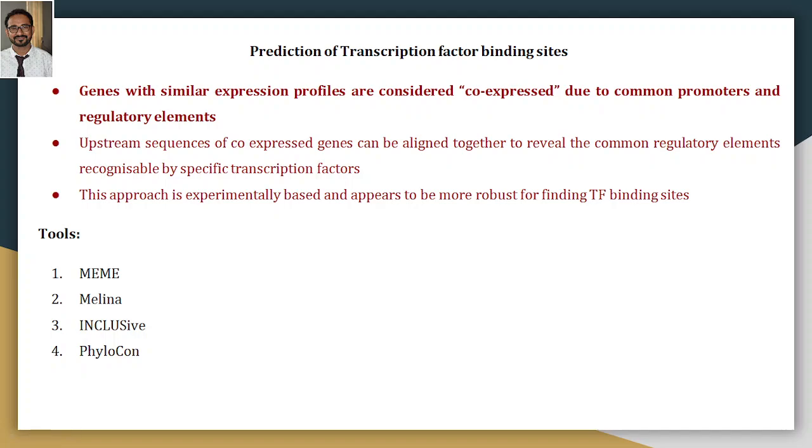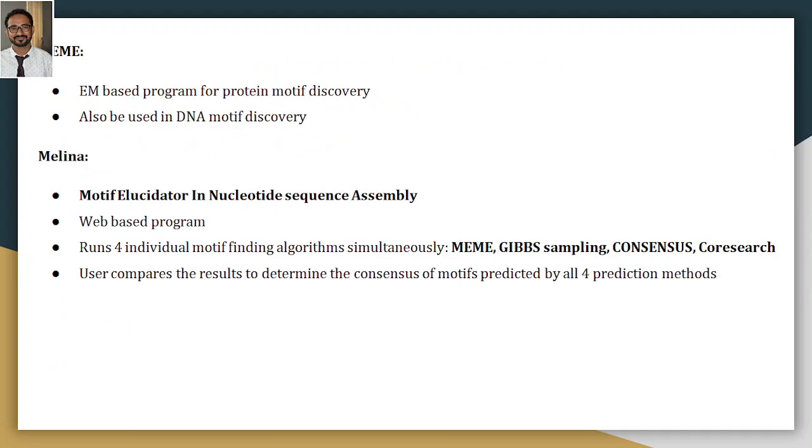Like we have MEME, MELINA, INCLUSive, PhyloCon and others. MEME is an EM based program for protein motif discovery, and can also be used in DNA motif discovery. MELINA is the motif elucidator in nucleotide sequence assembly, that is the full form of MELINA.